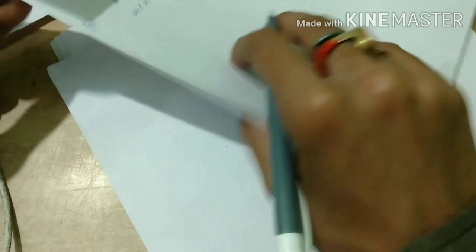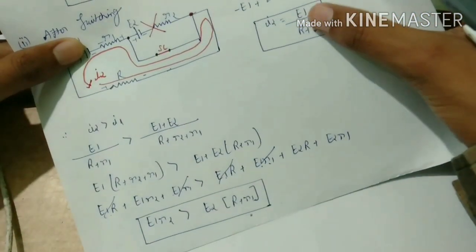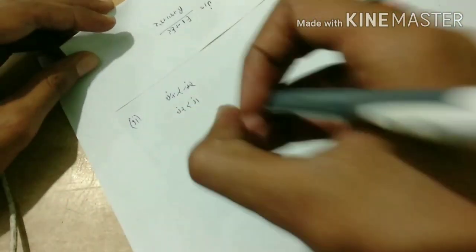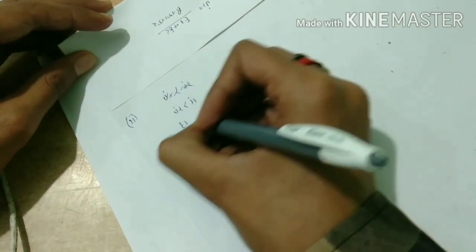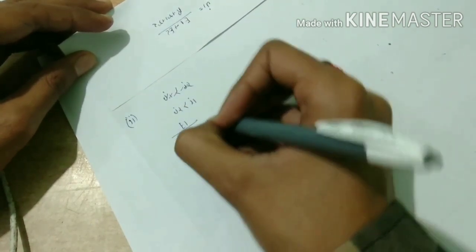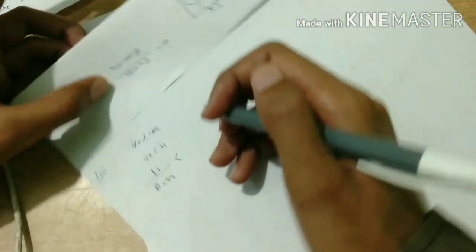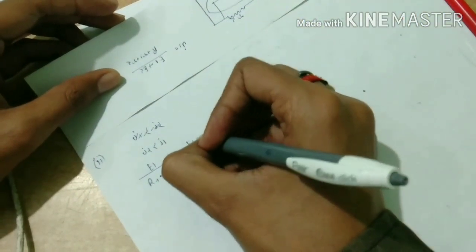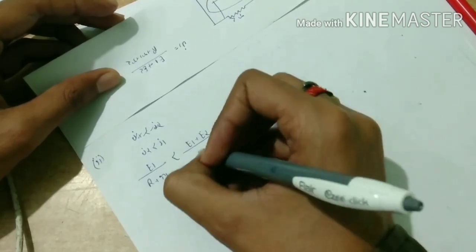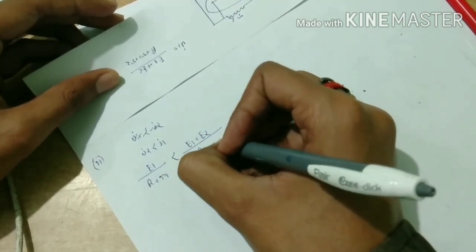So what is the value of I2? E1 upon R plus R1, less than the value of I1, which is E1 plus E2 divided by R plus R1 plus R2.